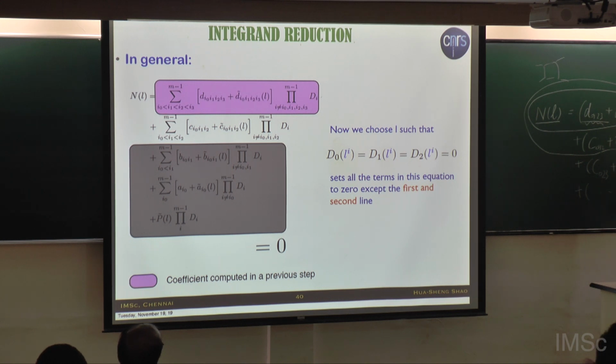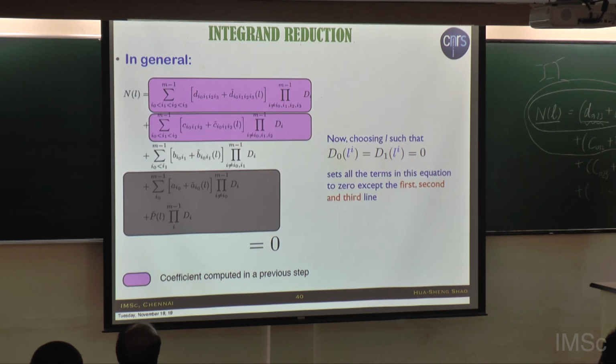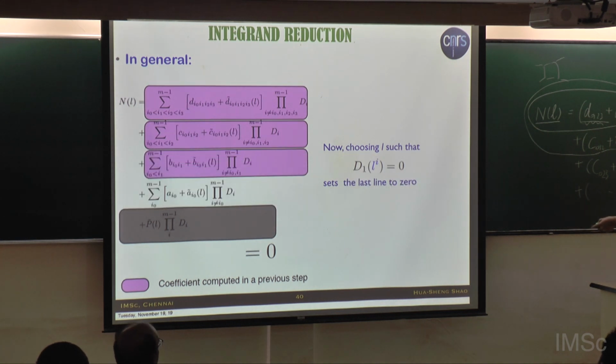You can iterate this way, one by one. Choosing for the box is the same thing. I hope this explains more clearly how integrand reduction gets to the coefficients.